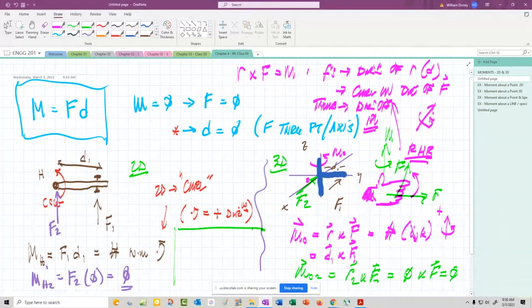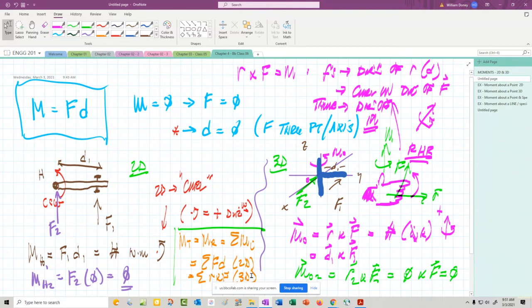And lastly, I'm going to just put in here so I don't have to have a separate slide just for this. The total or resultant moment will just equal all the individual moments, which is really just adding up all the force times distances in 2D, or adding up all the R cross Fs in 3D.